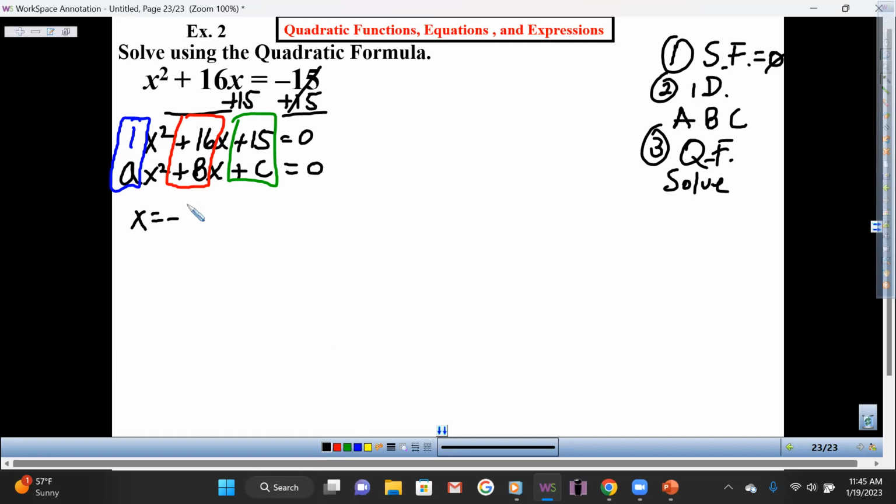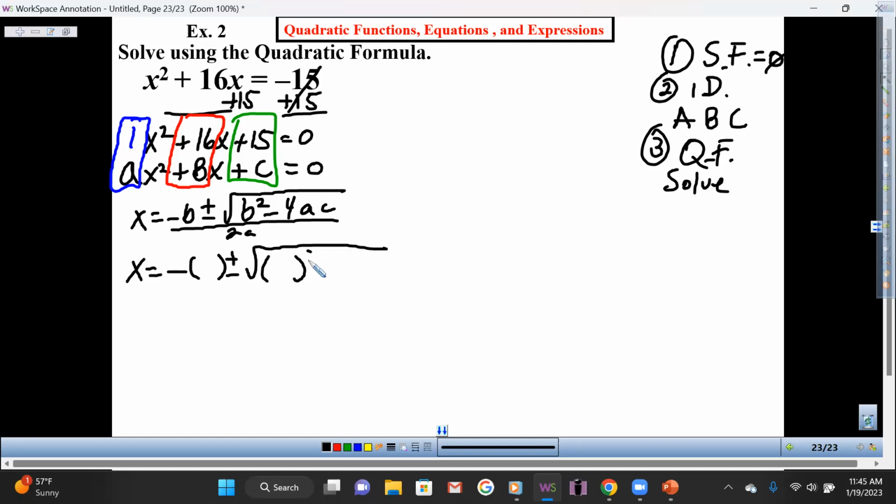X equals minus B plus minus square root B squared minus 4AC over 2A. X equals minus parentheses plus minus square root parentheses squared minus 4 parentheses parentheses over 2 parentheses.